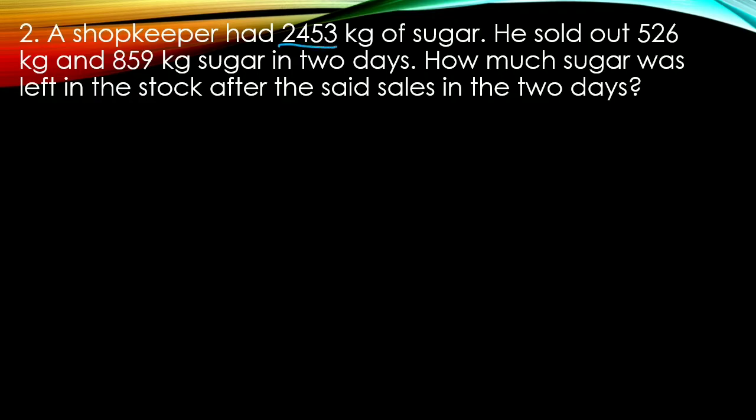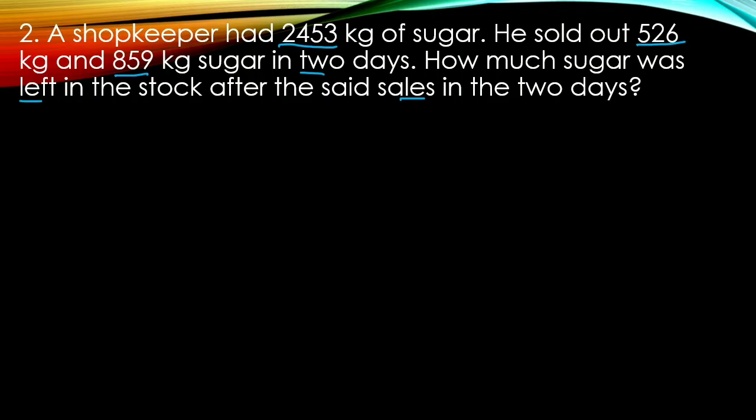Next question is, a shopkeeper had 2453 kg of sugar. He sold out 526 kg and 859 kg sugar in 2 days. So how much sugar was left in the stock after sales in 2 days?